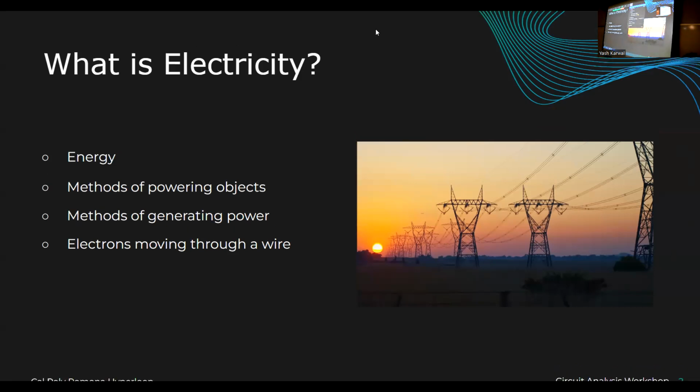For example, there is a field on everything, like this microphone right here; there is electricity pointing out, but we cannot see it and we cannot use it. Dynamic electricity is a flow of electricity, so from one wire to another wire. Electricity can be used for many things, such as generating power.